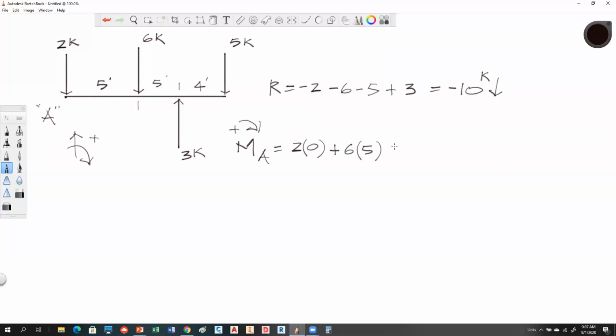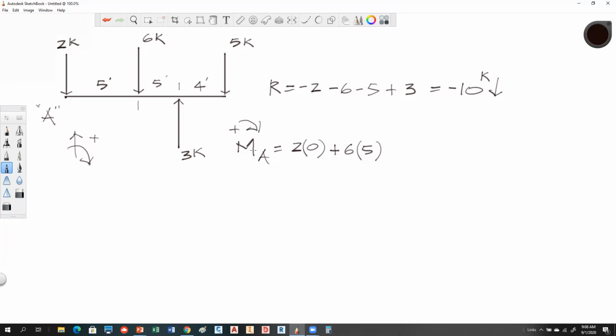Now, is anybody wondering why this is positive and not negative? Because that force is negative? Is anybody thinking that right now? Yeah. Okay, here's the reason, and you've got to think about this.